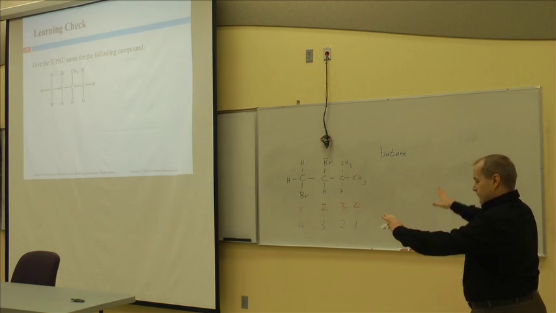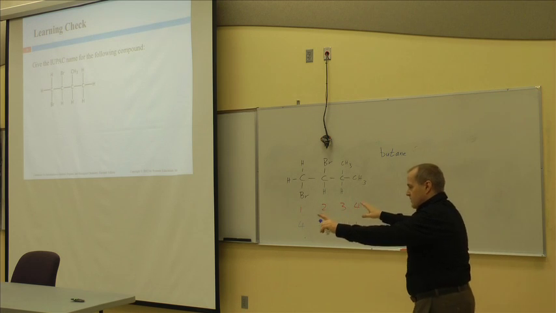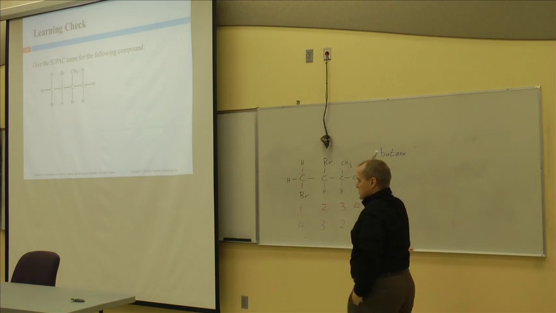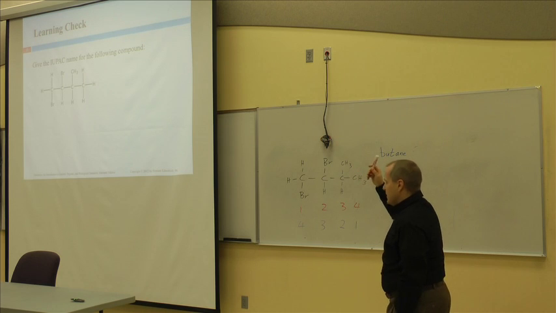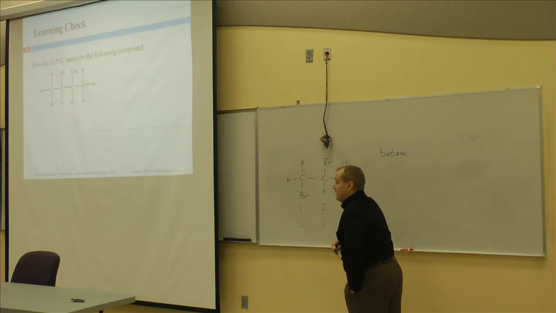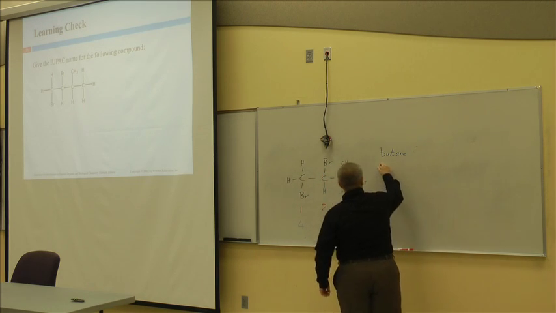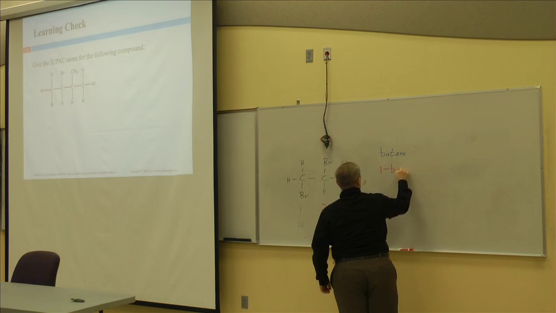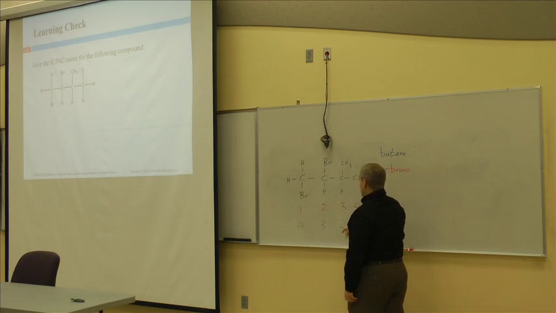Everybody's happy, right? Now, let's just start with the red ink first. On carbon 1, using the red ink, what do I have on here that's not hydrogen? Bromine. So you say 1-bromo. What's on carbon 2?